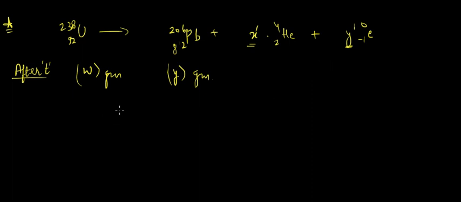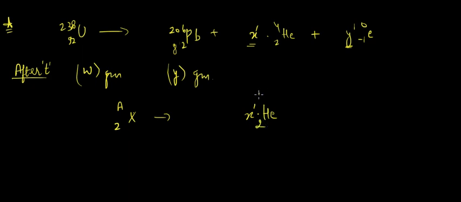So herein I'm just generalizing that for any atom X having atomic number Z and atomic mass A, we can write that if this X emits a helium particle, let's say X dash helium particle, which is the same stoichiometric coefficient as in our example.